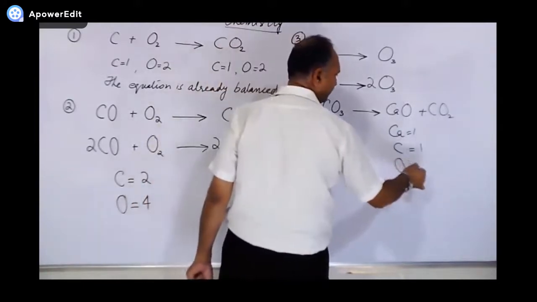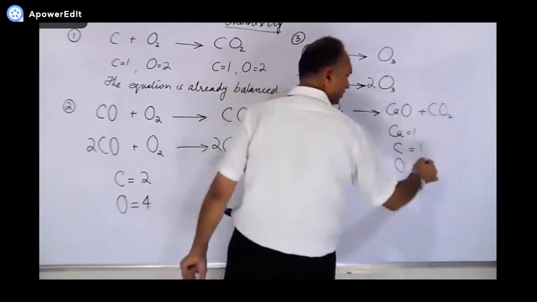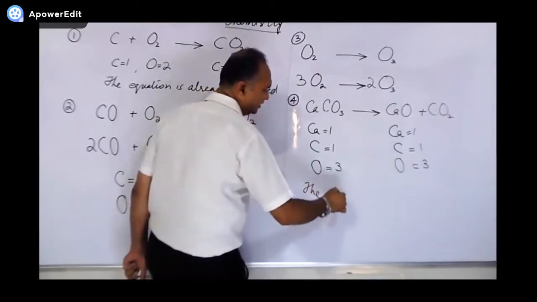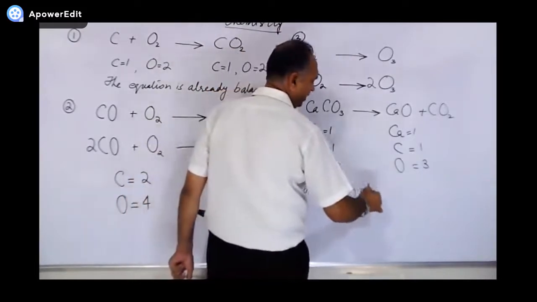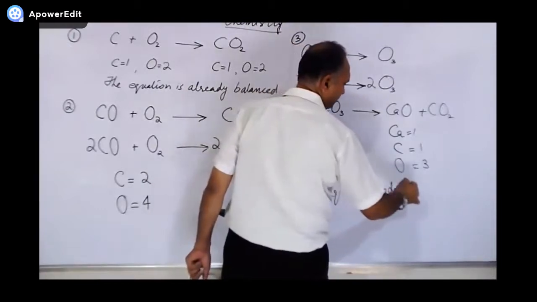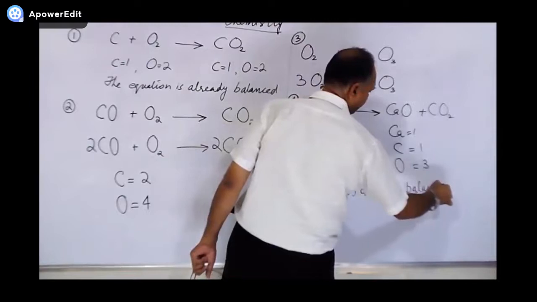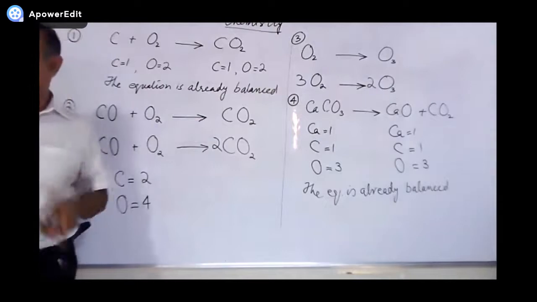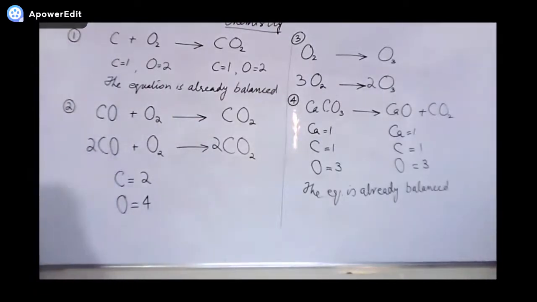How many oxygens over there? 1 and 2. Luckily, this one is already balanced. So we will write here, the equation is already balanced. Check these 4. Then we'll proceed to the next. Okay?